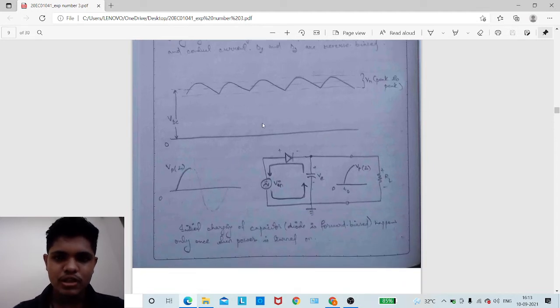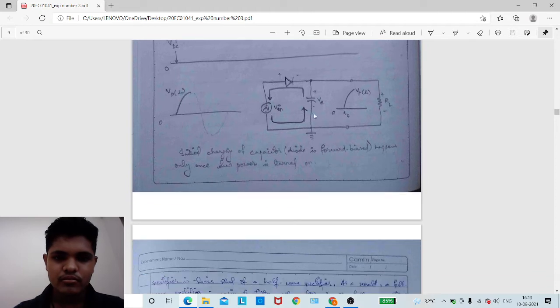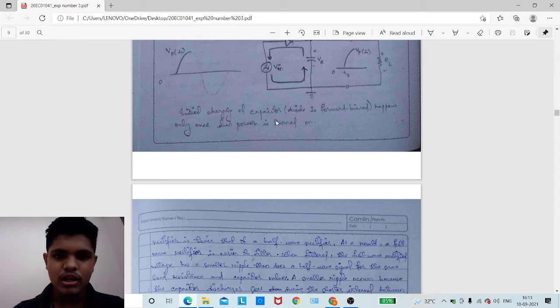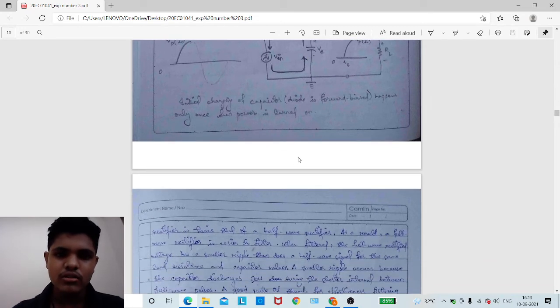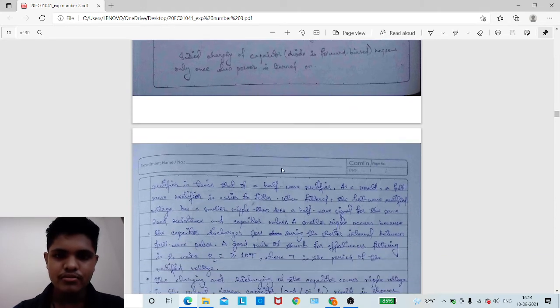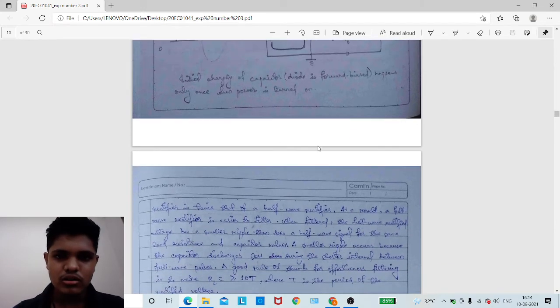This is the diagram for the ripple voltage, and these are the ripples formed while we use the capacitor across the load. We'll get these ripples, which will improve the DC source to a straight line.